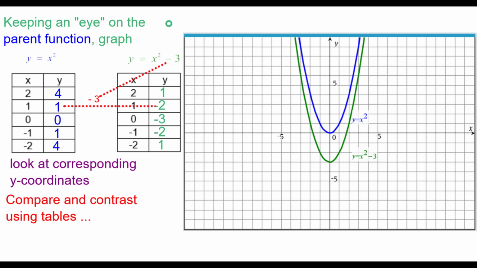And from 1 down to negative 2 is minus 3, 0 to negative 3, 1 to negative 2, and 4 to 1. All minus 3, corresponding y-coordinates with the same x-coordinates. So all the y-coordinates are down 3.